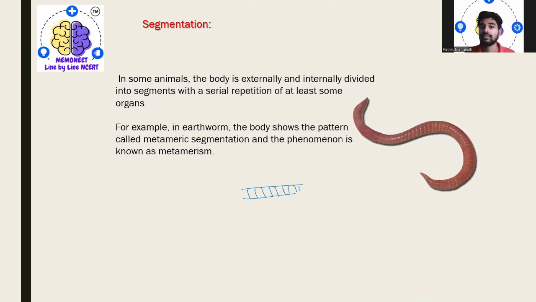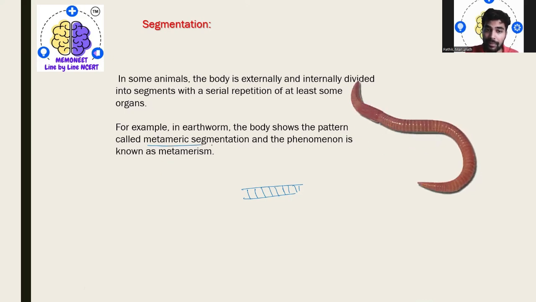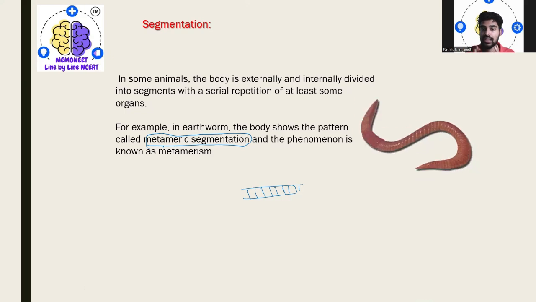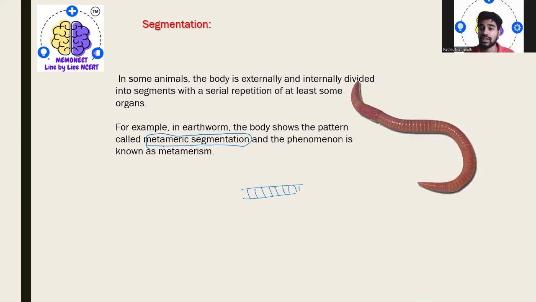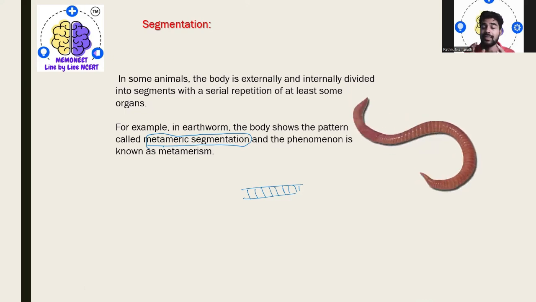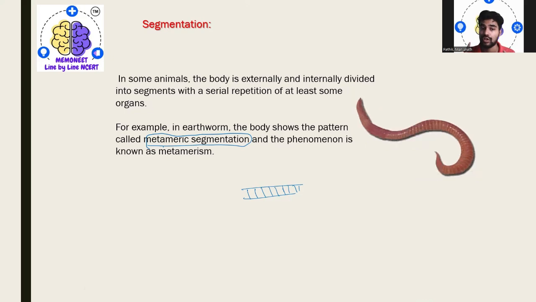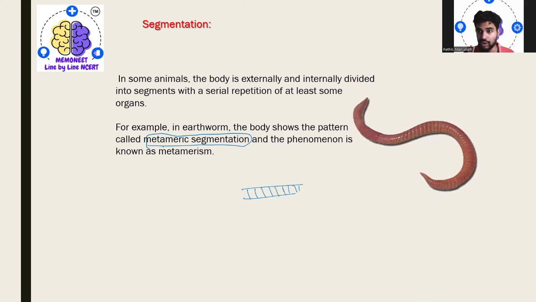For example, in earthworm, the body shows a pattern called metameric segmentation. Remember this point. So what is metameric segmentation? The body showing a regular pattern is called metameric segmentation, and that phenomenon is called metamerism. So earthworm, metameric segmentation, metamerism, this is what we need to remember.